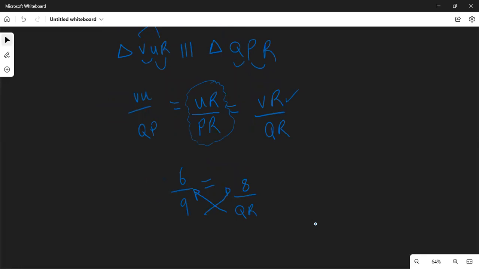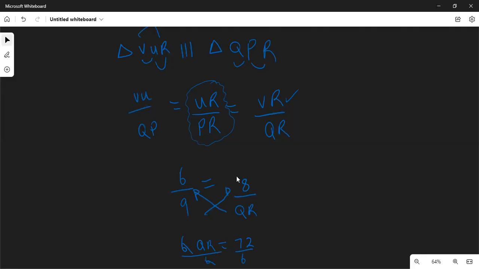So if we cross multiply, 6 times QR is going to give us what? 6 QR, which is equivalent to 9 times 8. If we cross multiply 9 times 8, it's going to give us what? 72. Okay, then we can divide by 6 in this case. All right.